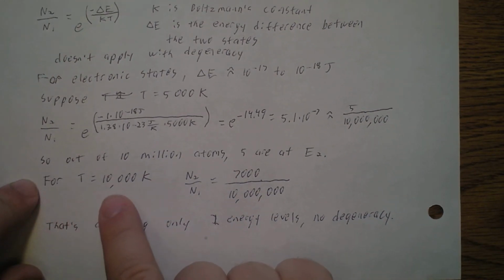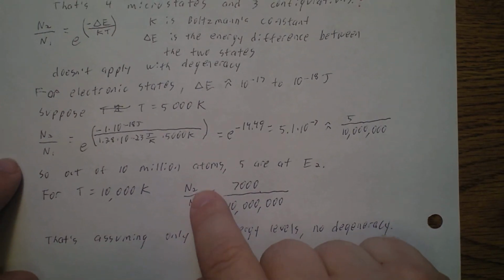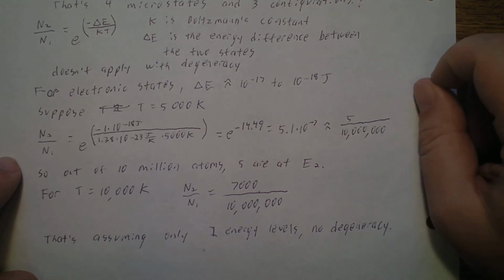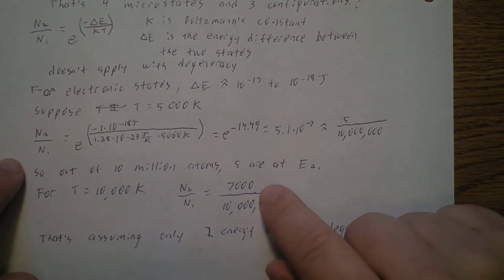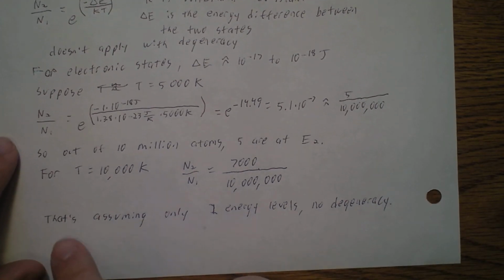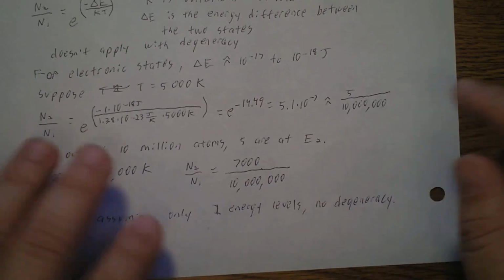So what about if we increase the temperature to 10,000 kelvin? Well, then we're going to end up with N2 over N1 of 7,000 over 10 million. So if we have 10 million atoms, 7,000 of them will be at energy state 2. Now this is assuming that we only have 2 energy levels and no degeneracy.